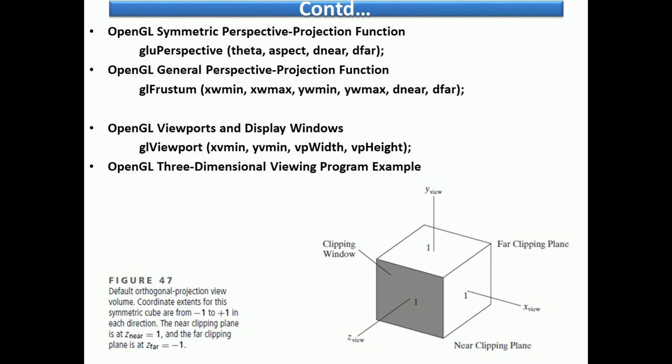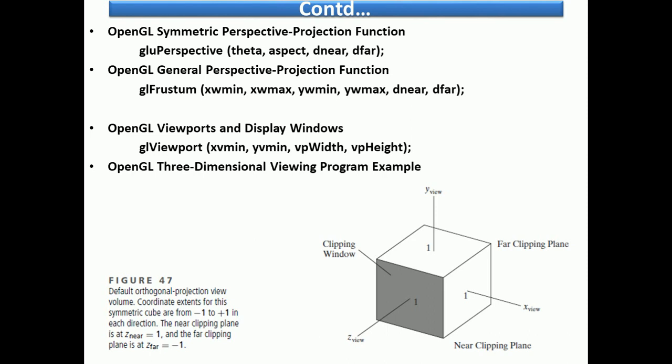Therefore, both d near and d far must be assigned positive numeric values, and the positions of the near and far planes are calculated as z near equal to minus d near and z far equal to minus d far.